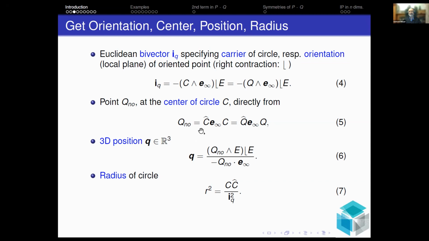The hat means the grade involution. So you just sandwich between c hat and c infinity, or correspondingly between q hat and q. From it, it's very easy to extract the Euclidean position vector in formula 6. And you can also get the radius by simply taking c times the grade involution of c, and you divide to get the number right with IQ squared.